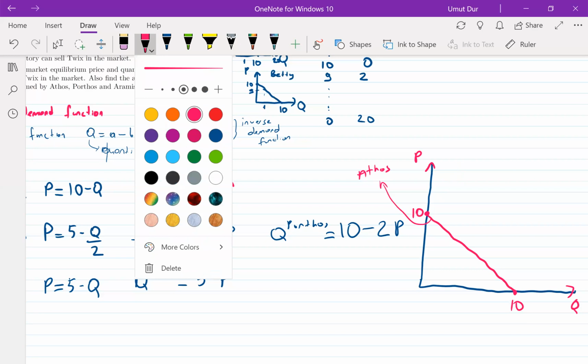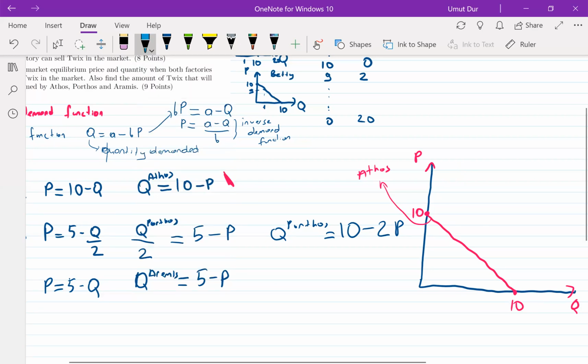So let me use light blue for Portos. At what point does the demand curve for Portos intersect with the vertical axis? It intersects at 5. How do I know it? At the vertical axis, the quantity will be 0, and I am looking for 0 = 10 - 2P, and here P will be 5.